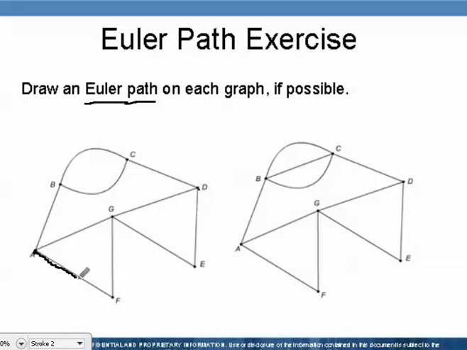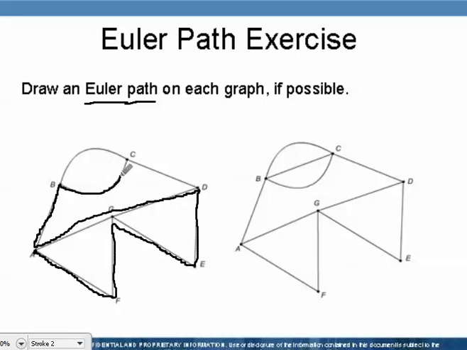So if I went down F and up G and down E and up D, up this way, over across this way, up and over, and then down through this way, did I hit each path? No, I didn't hit this path up here, did I?